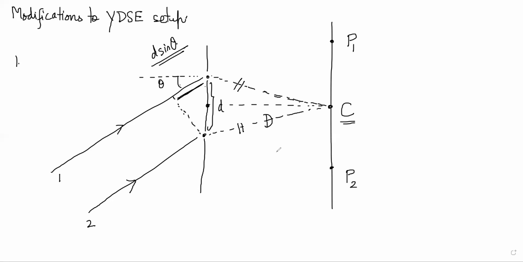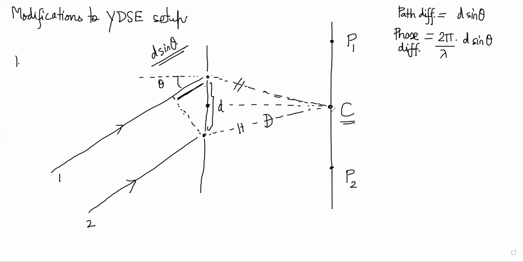The top ray, ray 1, has covered an extra distance of d sine theta. So path difference is equal to d sine theta. So the phase difference would be 2 pi by lambda into d sine theta, right? At the point C.